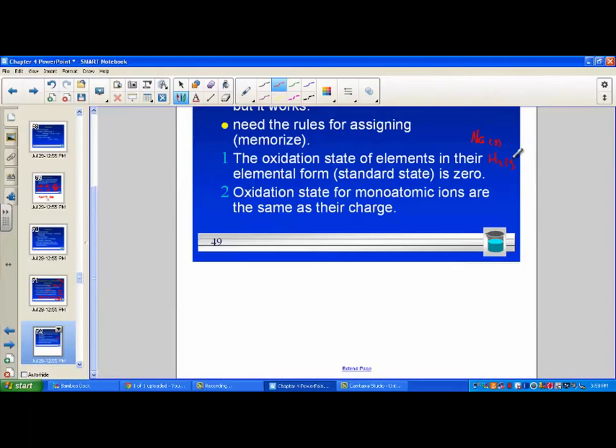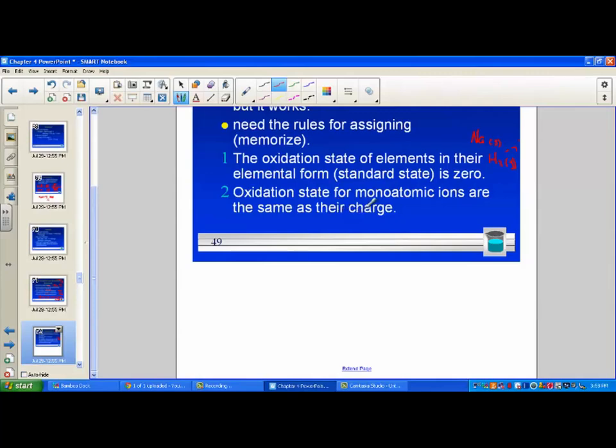Hydrogen is one of those lucky 7 diatomics. It is going to be oxidation state of 0. So any element written, a symbol written by itself, not carrying a charge, gets assigned a 0. Keep in mind there are 7 naturally occurring diatomic molecules who also have an elemental form oxidation state of 0.